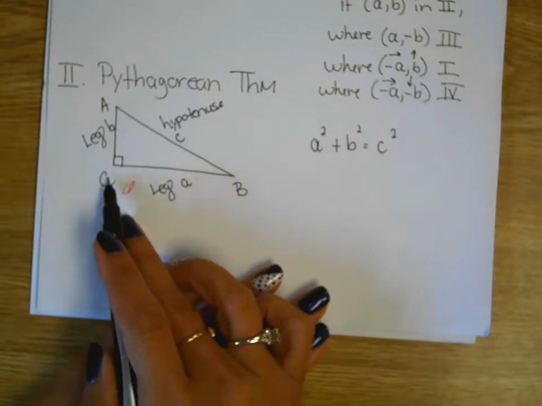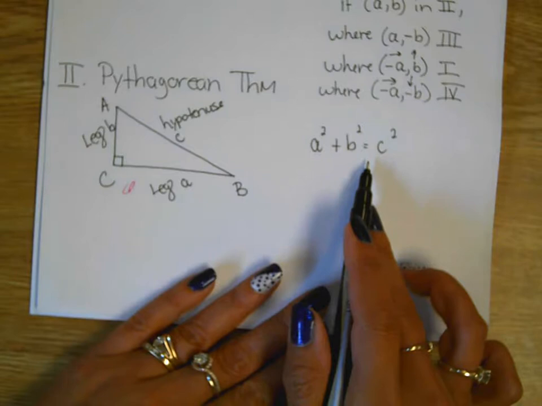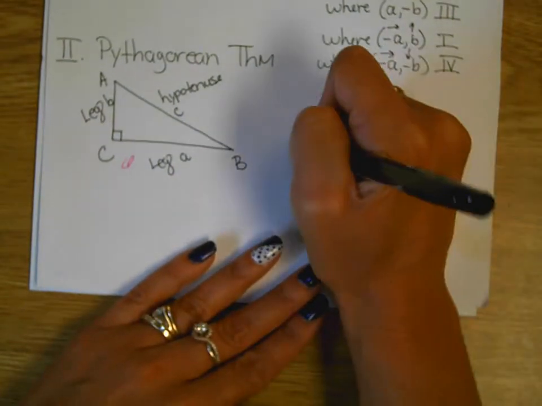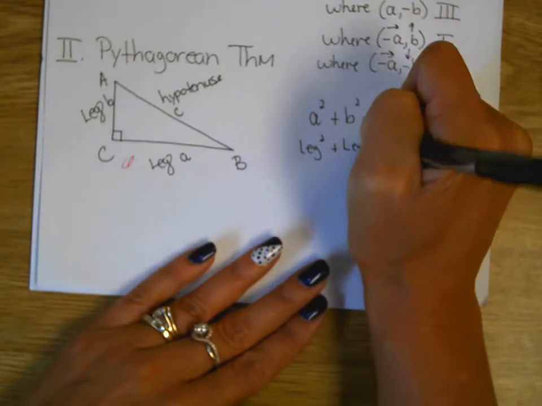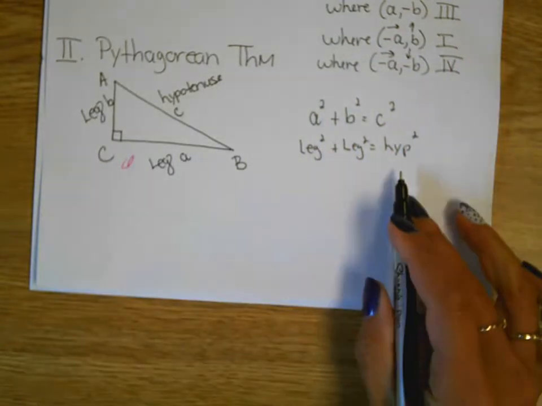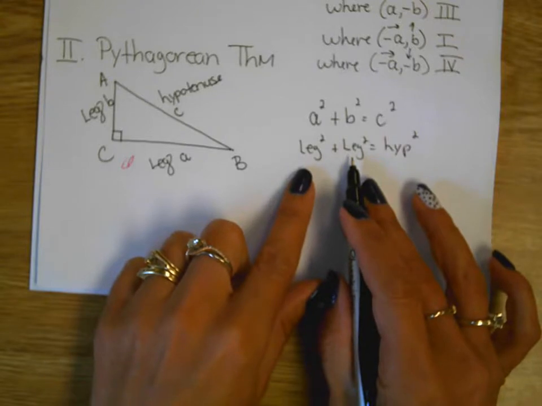But if I was to put a down here and switch, then this doesn't work. So instead of a squared plus b squared equals c squared, I like to say leg squared plus leg squared equals hypotenuse squared. Because it's the hypotenuse by itself and the two legs hang out together.